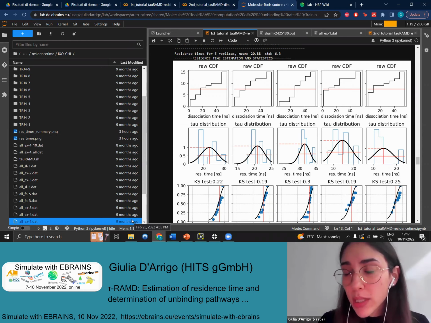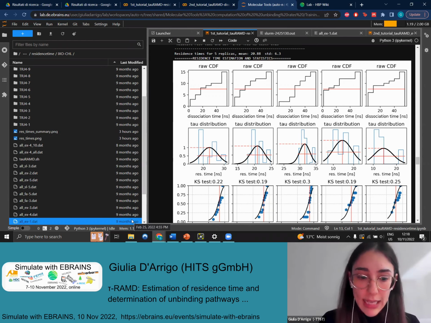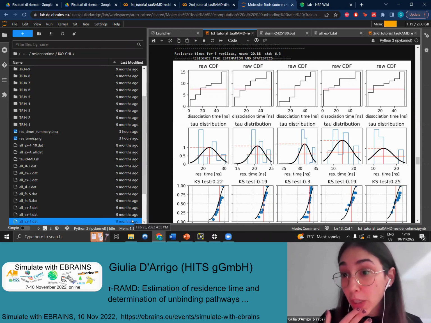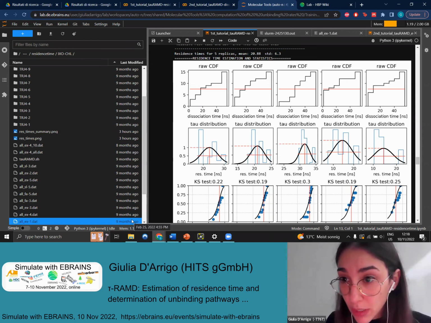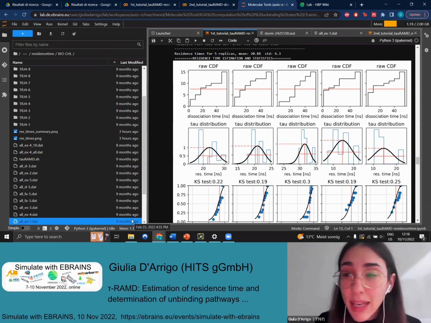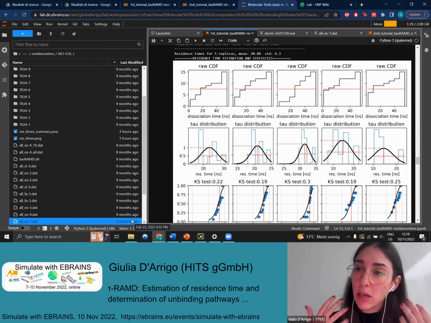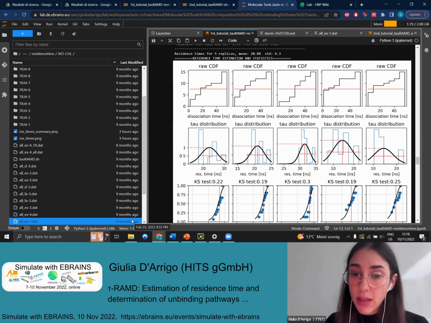But we also explored another way of estimating the goodness of the sampling, which is the Kolmogorov-Smirnov test. In this case, ideally, the KS value should range between 0.1 and 0.3.